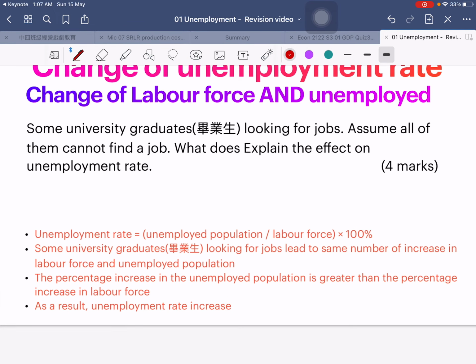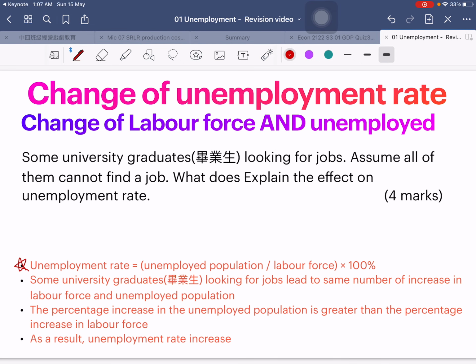Okay, so what happened here? The example, the first part is the same, which is to state the equation, and then the second part we have to analyze what happened to the labor force and unemployed populations.